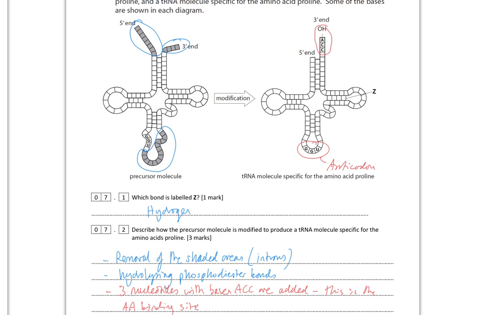Brilliant. Let's have a look at my mark scheme. How have we done? So description that references the following: removal of the shaded nucleotides or introns. Yes, I've got that one. That's good. Attachment of ACC. Yeah, got that one. And the correct reference to phosphodiester bond. Yes, I've done that as well. And there's no mention of the GGU moving.